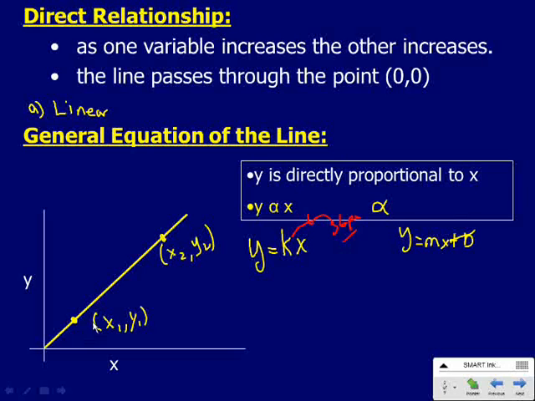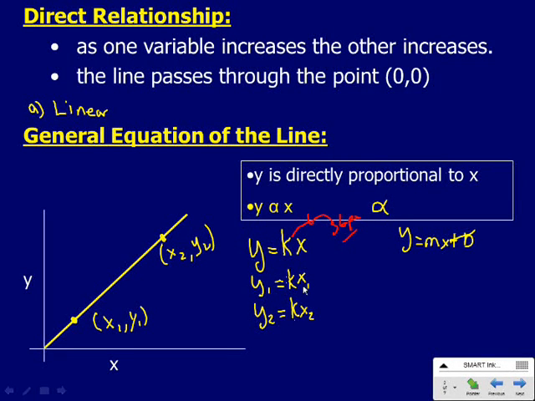Each of these points exists on the line, and therefore I can put them into my equation. y1 is equal to k times x1. And because it's on the same line, I can say that y2 is equal to k times x2. Right? Those are just 2 points that are true for that line. Because they're on the same line, k is the same for both of them.